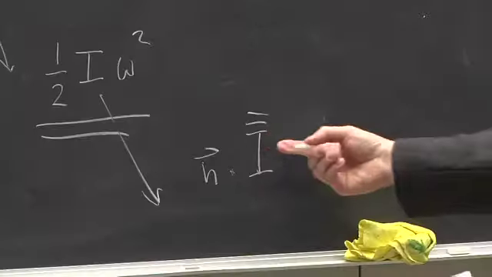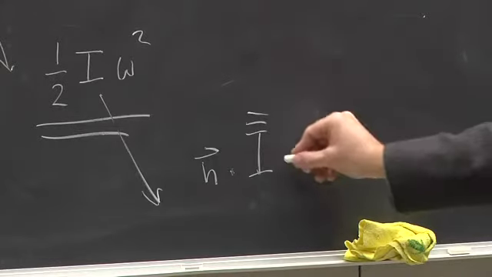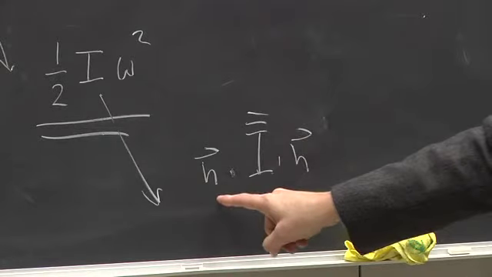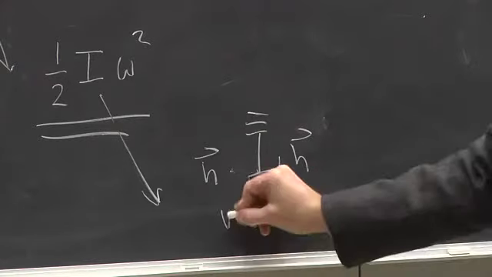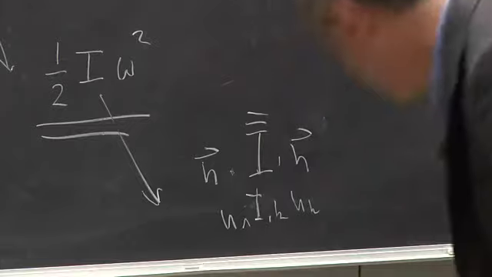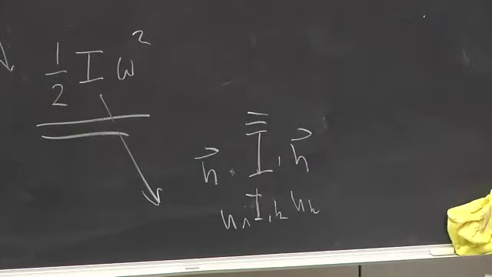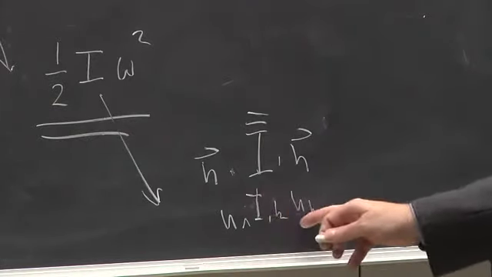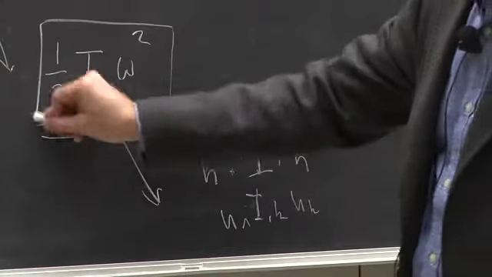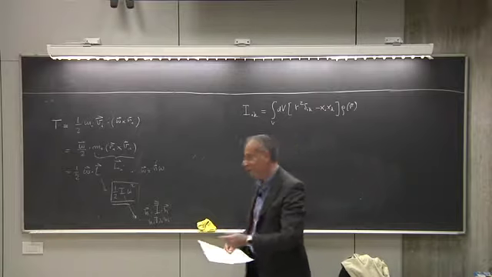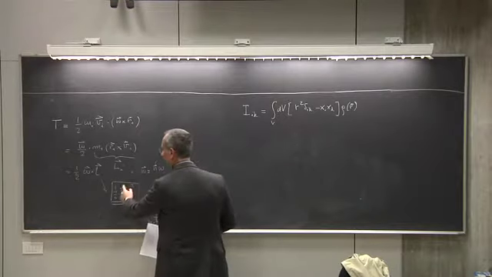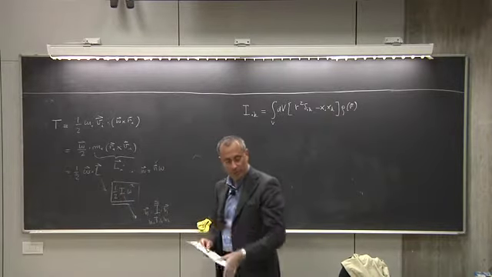I don't know how to write the tensor. It's like 2 vectors like this. But the meaning is that here you have n_i, n_k, and I. So you saturate both indices with unit vectors, and you get this nice result that the kinetic energy of the body looks very much like 1/2 mv square for the point particle.